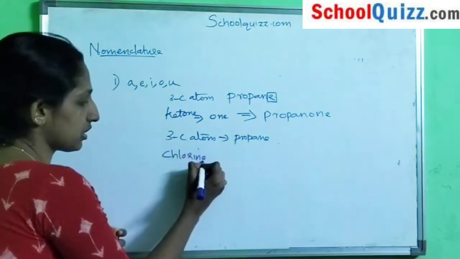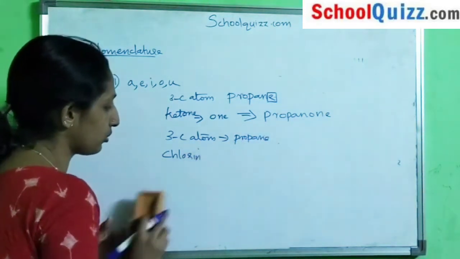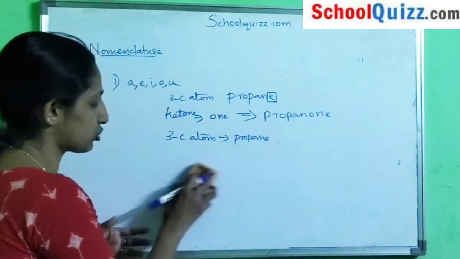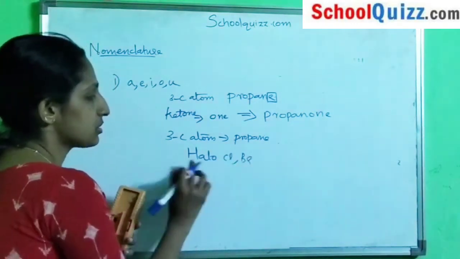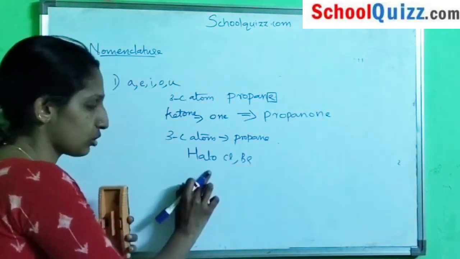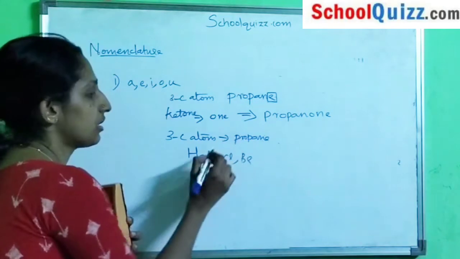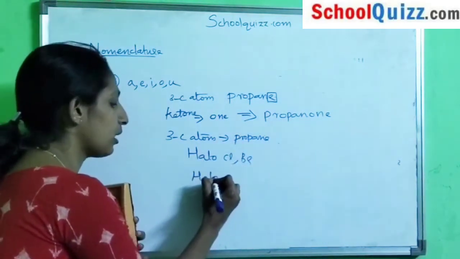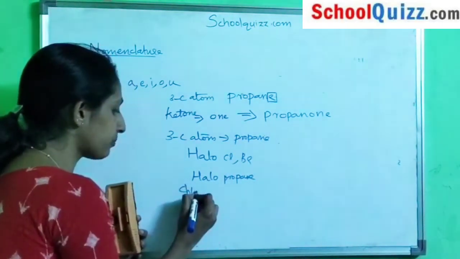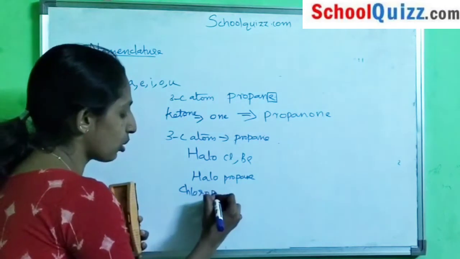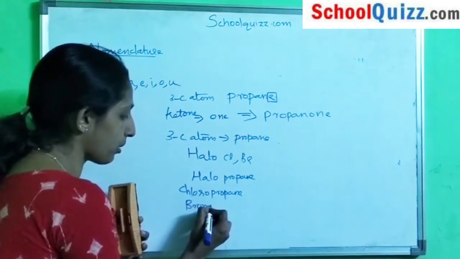Here also the functional group ends with a vowel, so you have to remove it. With bromo, we can name it as bromopropane.